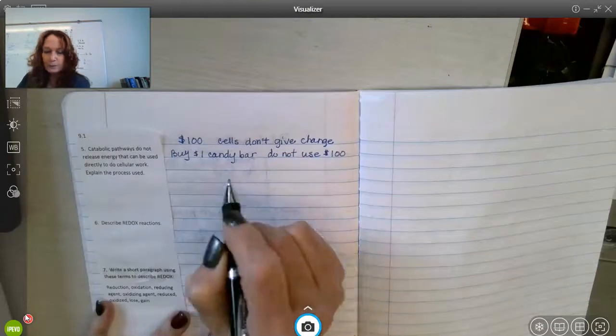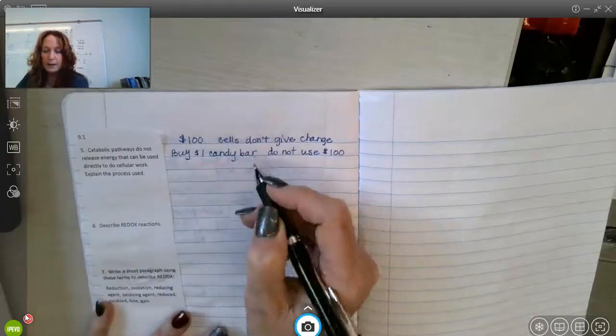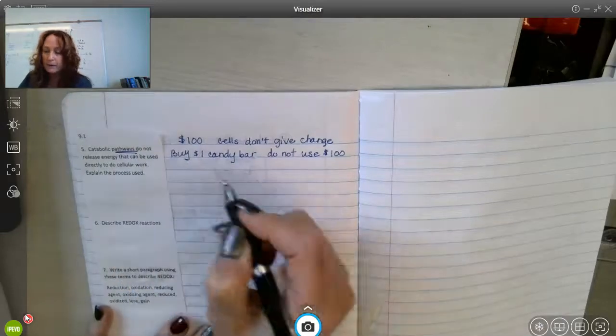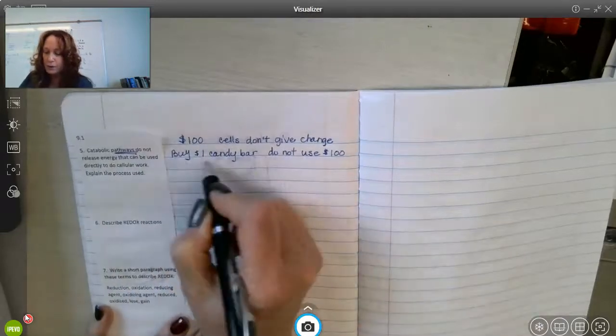So the way this works is it's going to have to be a pathway. This is just a silly example.